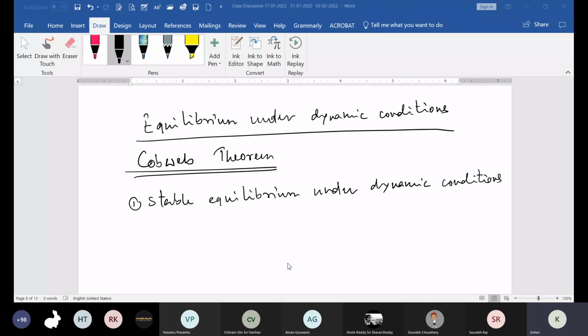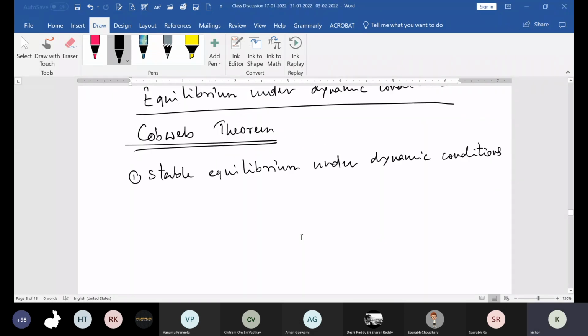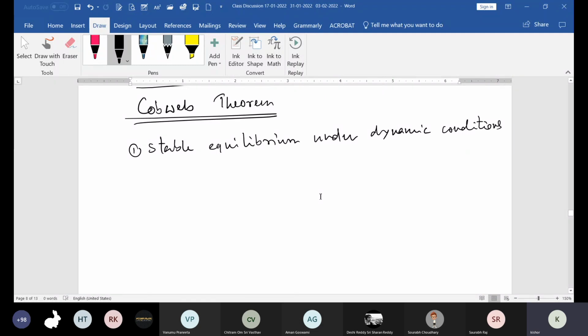That concept will be applied here in case of your equilibrium under dynamic condition. Now it is discussed with the help of Cobweb theorem. Now here, let's see. Under stable equilibrium under static condition, when slope of demand curve is less than slope of supply curve.